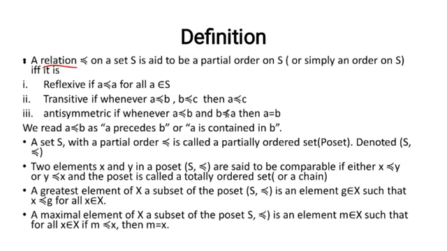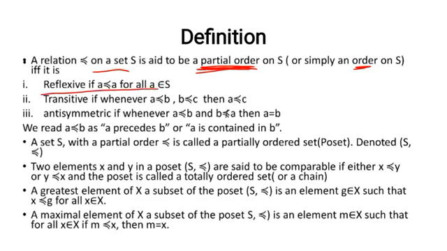The notation is different now, more like the less than or equal to symbol. I'm using a different notation here, but you will know why. A relation with this notation on a set S is said to be a partial order, or simply an order, when it satisfies these three conditions.